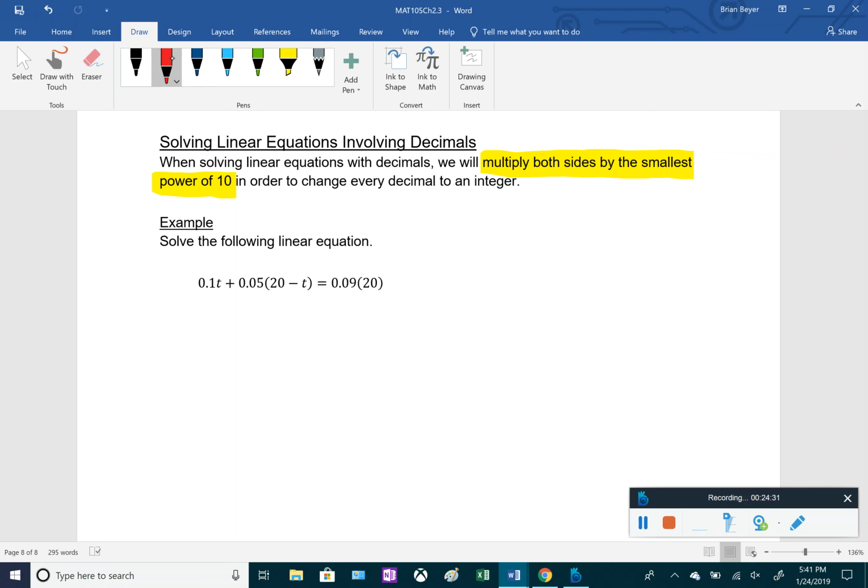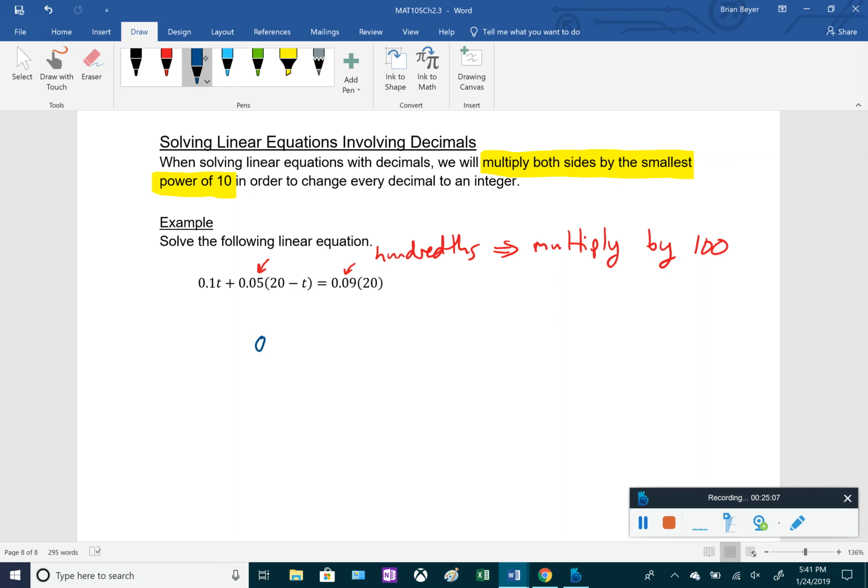That means these are the smallest because they're in the hundredths. That means we multiply both sides by 100. If they were in the thousandths place, we would multiply both sides by 1,000. If they were in the tenths place, we'd multiply both sides by 10. We're just multiplying by whatever power of 10 will cancel off the decimals and make them integers.